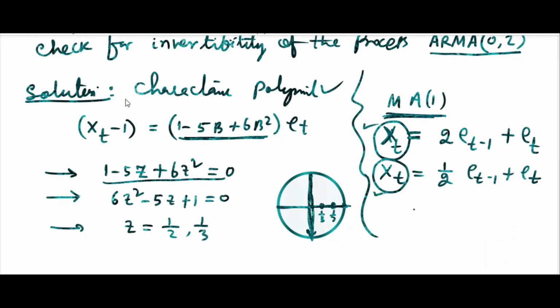So if you find rho here, and if you find rho here, remember the formula for MA1.